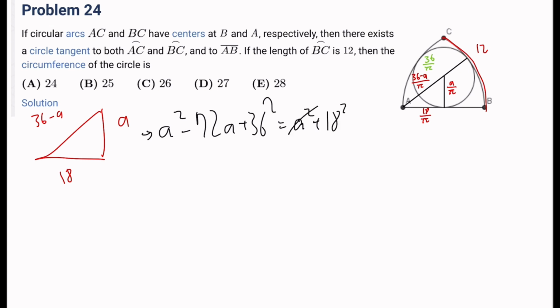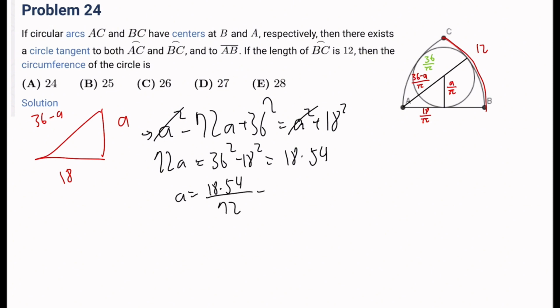So these two a squared terms go away. So 72a equals 36 squared minus 18 squared. This is 18 times 54, right? So a equals 18 times 54 over 72. So this is 54 over 4, which is 27 over 2, right?